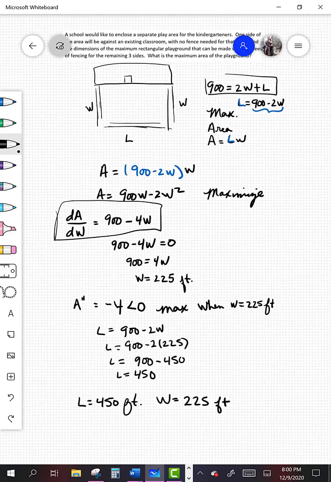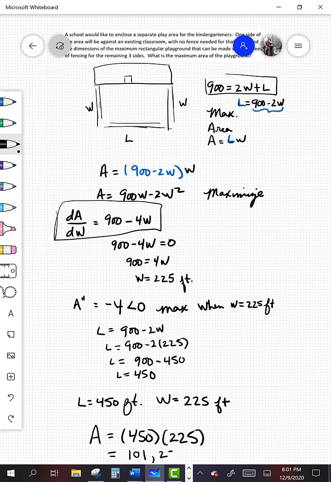So we can find the maximum area, right, by multiplying length times width. So 450 times 225. So that gives us 101,250 square feet.